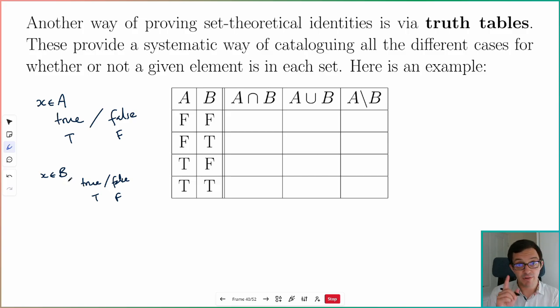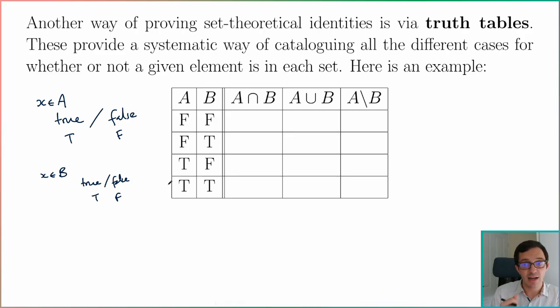So we have a bit of a shorthand here. Along the top, I've got different subsets of S, and in the different rows, I'm looking at the different cases for whether or not it's true or false that an element is in each of those subsets.